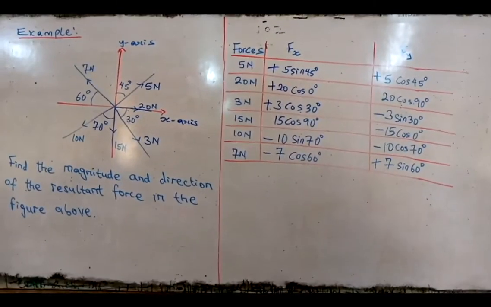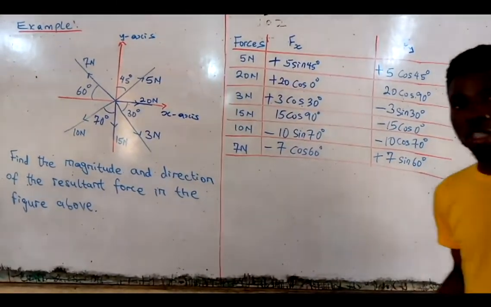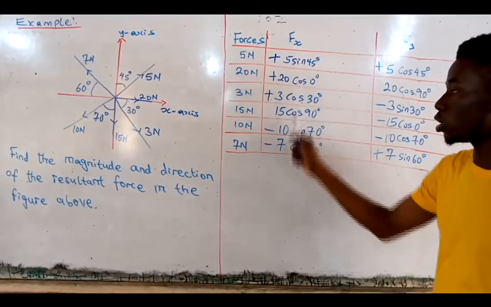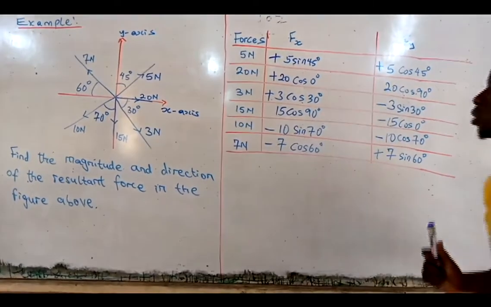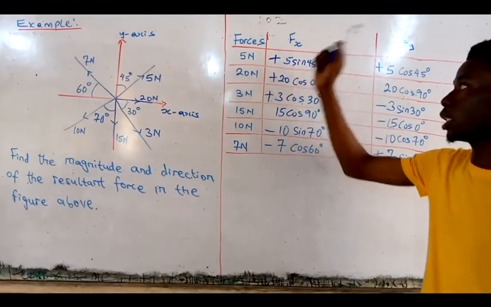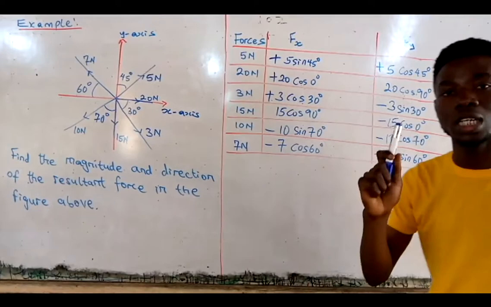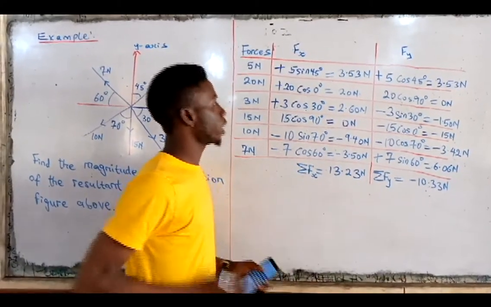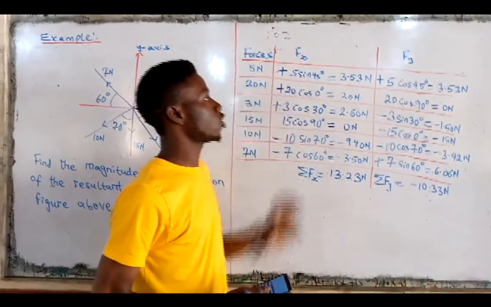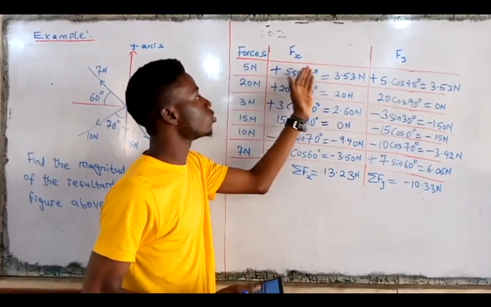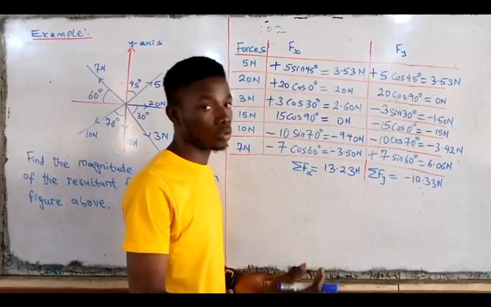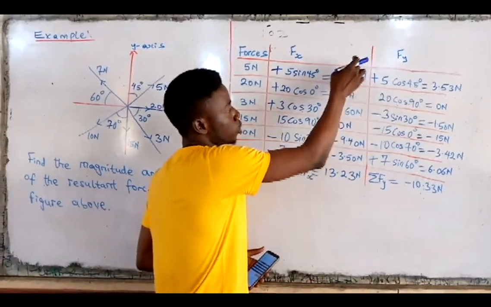Now, the next thing to do is to grab our calculator and get the values of each of these one by one, because these are the values that we will use to compute our resultant force. Okay, now that we have gotten values for all of these, the next thing is to find the summation of all the values.